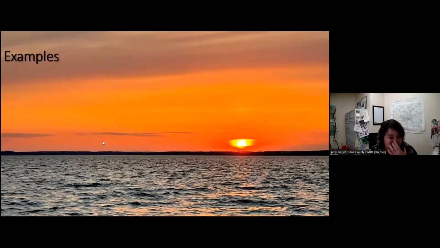So with that, I want to move into some examples. And this picture is probably an easy one. It's a lake. This is Lake Mendota. It's a well-defined known lake.